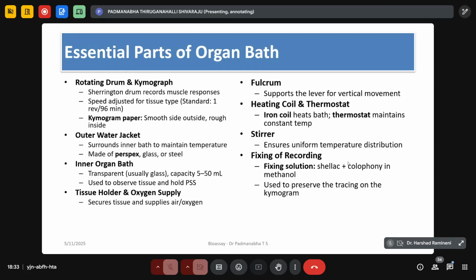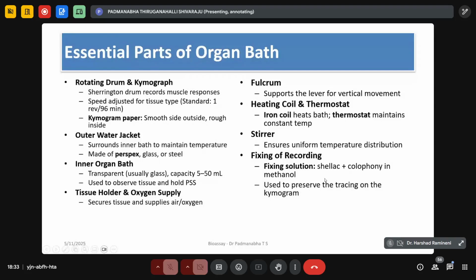Then we have fixing of the record. Mainly we use a fixing solution made up of shellac and colophony in methanol. This is kept for 5 to 6 days, and we get a finer solution without any debris. The same solution can be used to mount or fix the recording made on the kymogram.